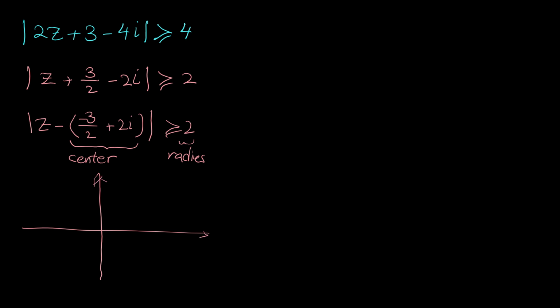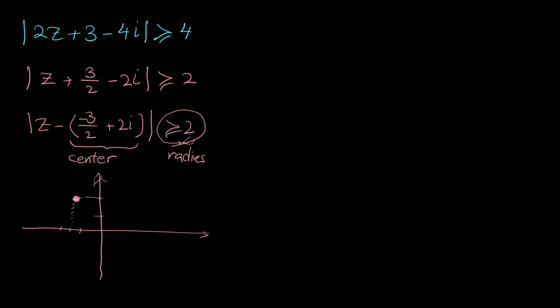The center is at negative 3 over 2, which is negative 1.5. So we move 1.5 units to the left and 2 units up, for the 2i. So if we suppose here is negative 1.5, we move up 2 units. So this is the center. The radius of our circle is 2.